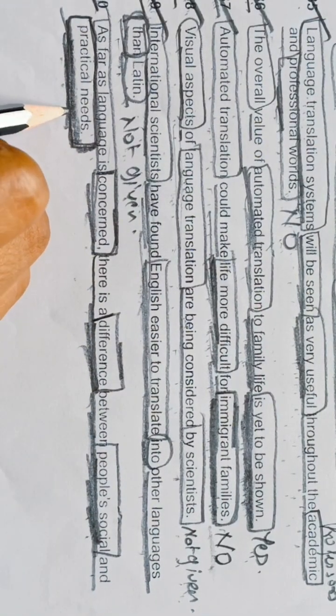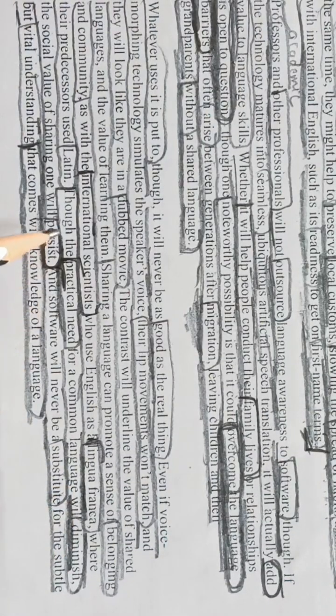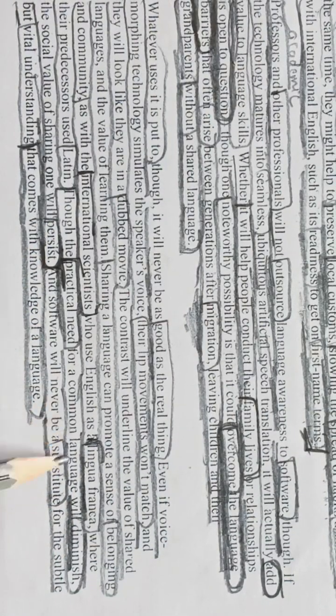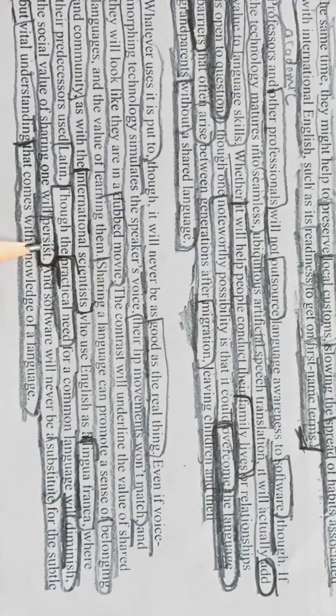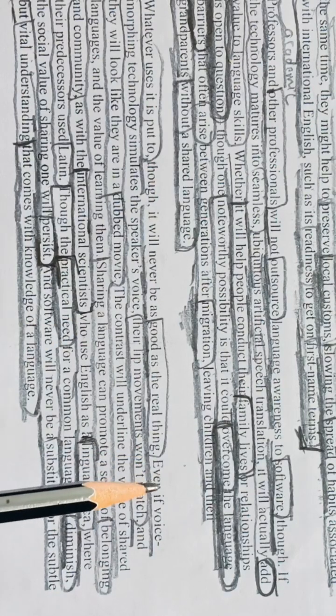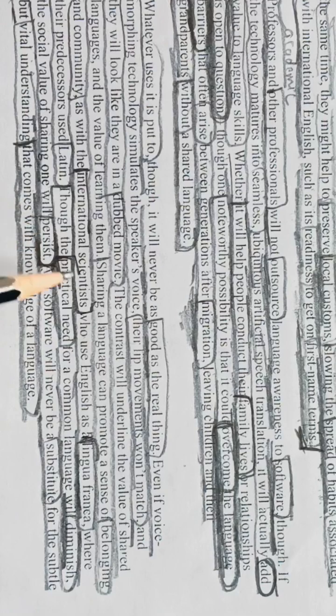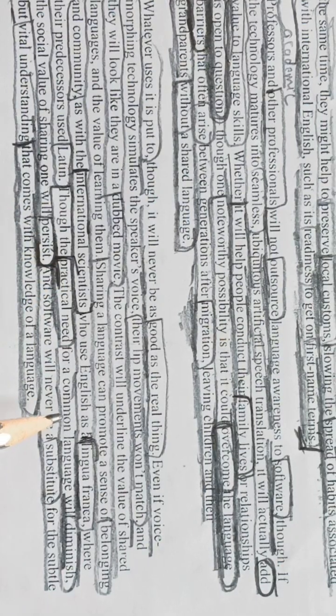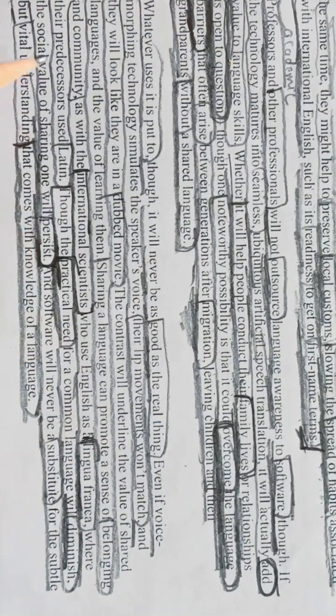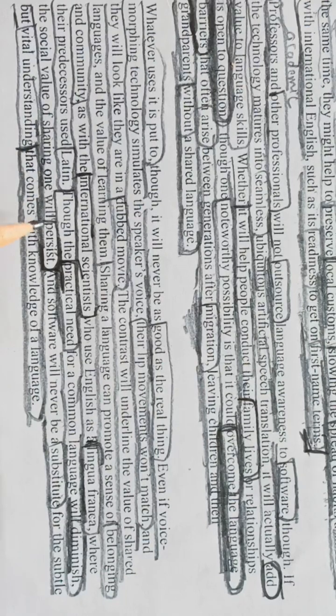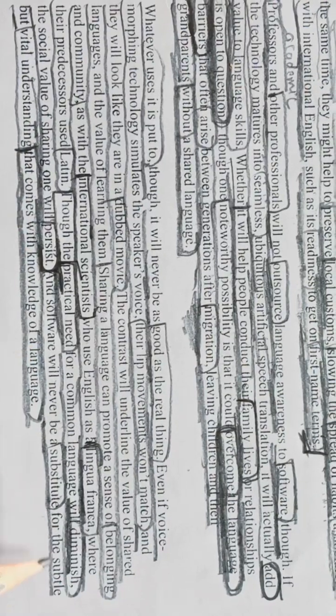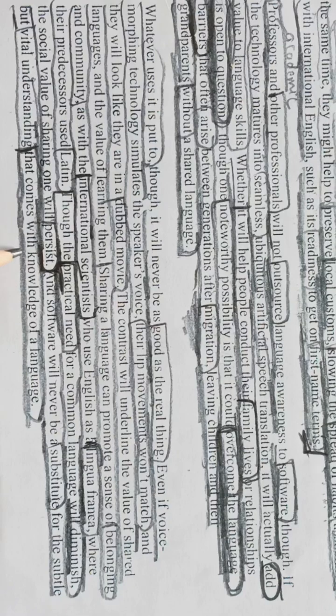And the same thing they are mentioning here: though the practical needs for a common language will diminish, the social value of sharing one will persist, and software will never be a substitute for the subtle but vital understanding that comes with knowledge of a language.